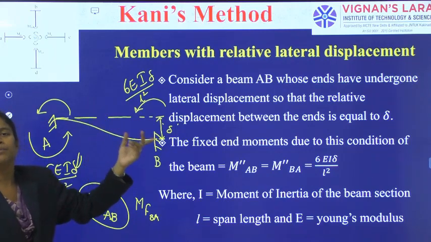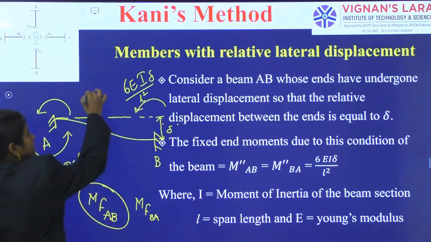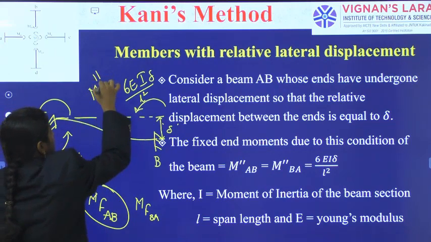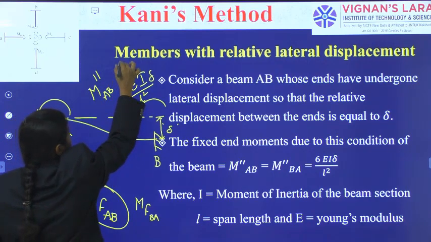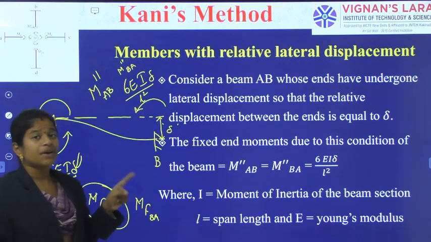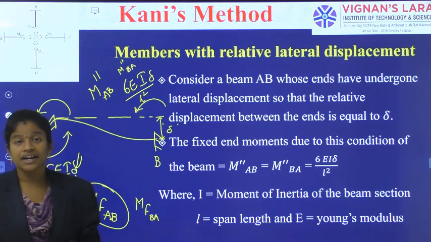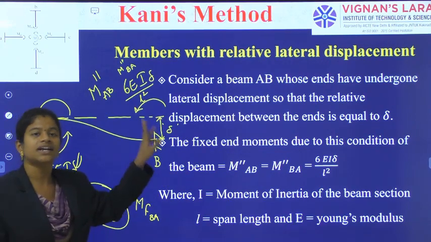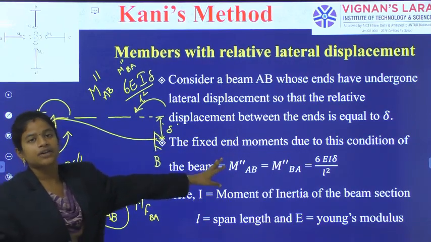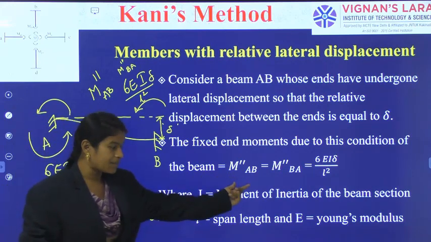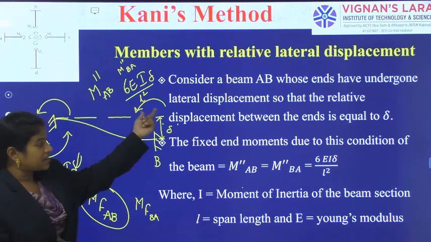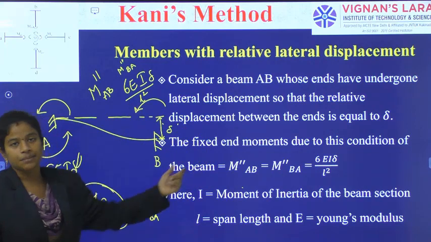That's why we have a new identification, M double dash AB, M double dash BA. Because M dash AB we use for the rotation contributions, right? So here I am using double dash for involving the settlement contribution. Now M double dash AB or M double dash BA is equal to 6EI delta by L square.